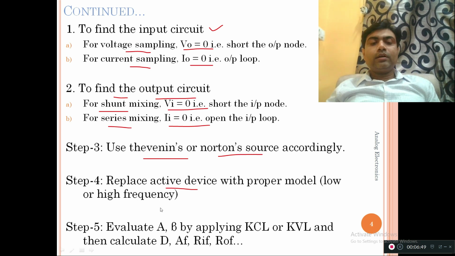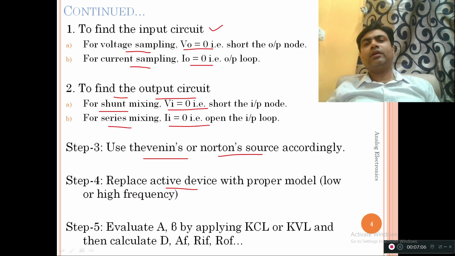Now after knowing what sampling is done, what kind of mixing is done, and having replaced the network with relative sources, and having found out how the input circuitry and output circuitry will look, then we can go to the final step of evaluation of A and beta by applying KCL or KVL, whatever is needed, and then by knowing the values of A and beta, we can calculate how DAF, RIF and ROF can be calculated.